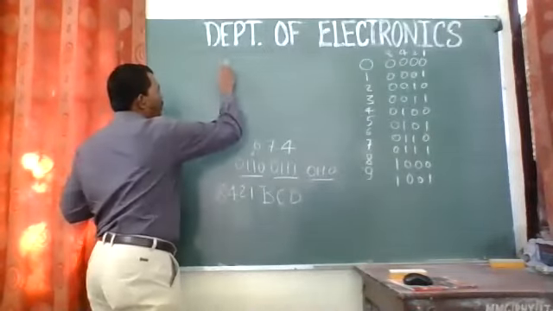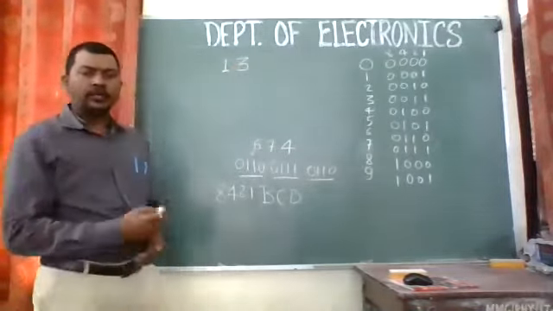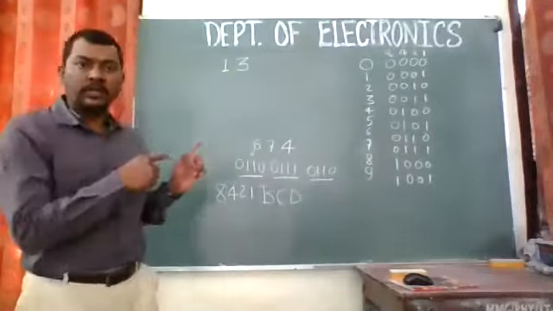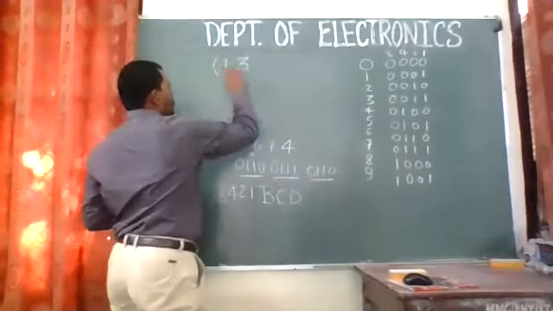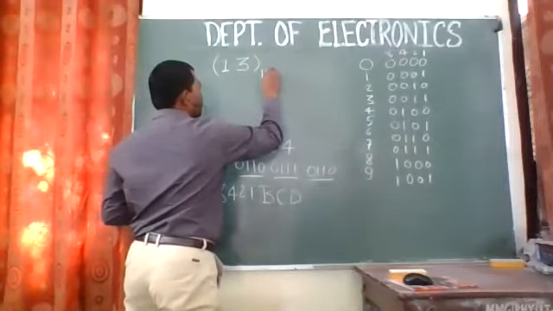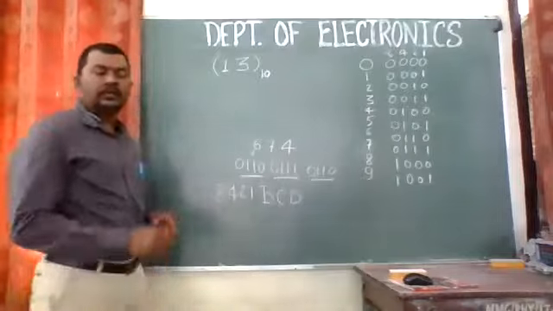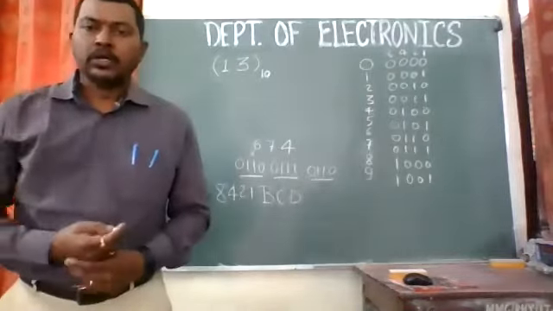So if I have a number, say 13, this is in decimal. I will definitely specify it with base 10, so it implies that it is a decimal number.